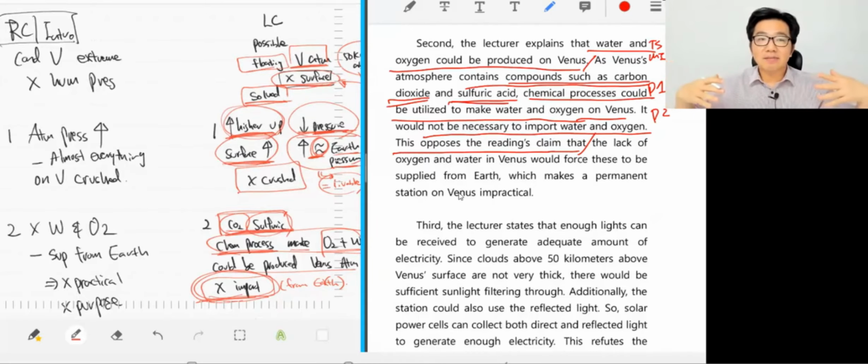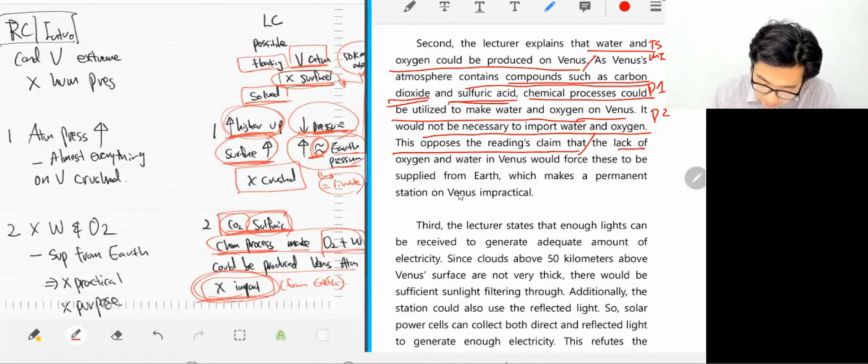Okay, it does not meet the purpose of trying to live there. Okay, so not enough oxygen and water in Venus would force these to be supplied from Earth, which is totally impractical.